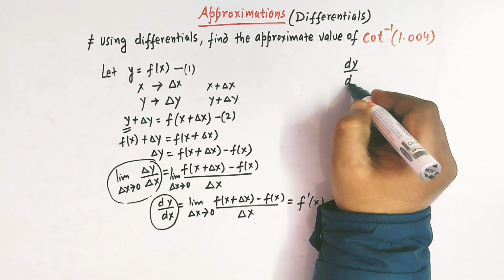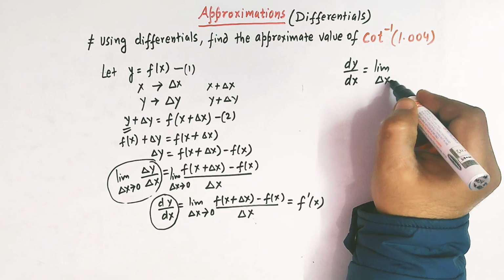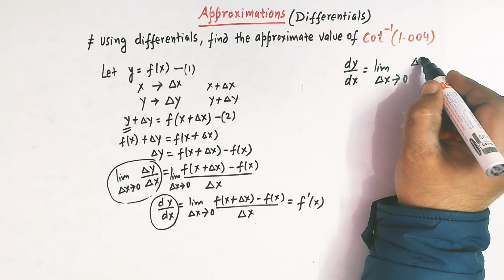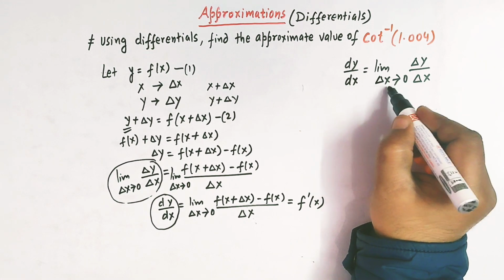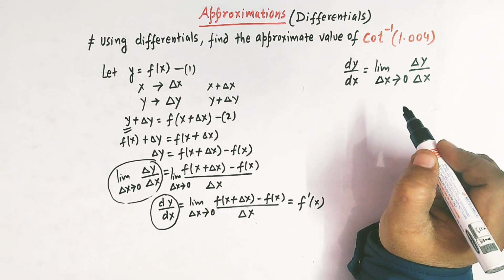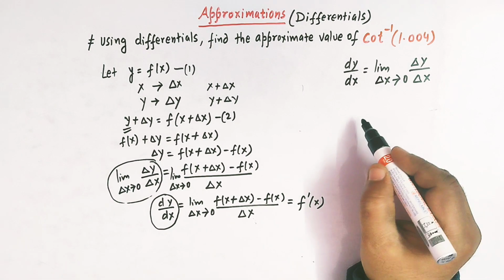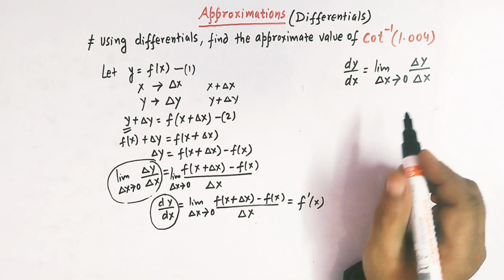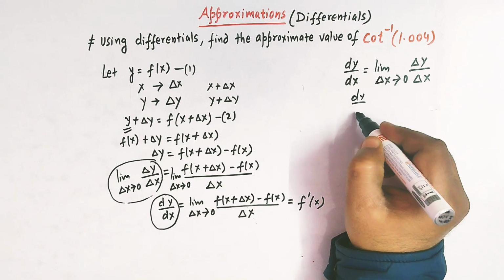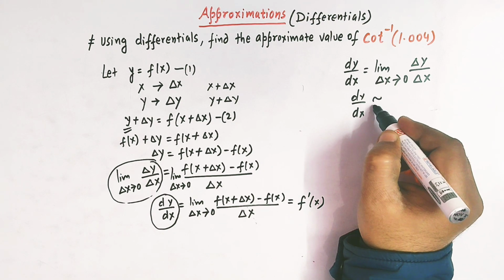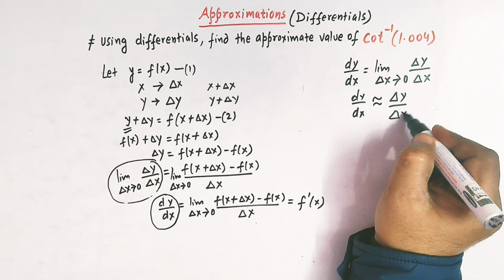That is, dy over dx is equal to the limit as delta x tends to 0 of delta y over delta x, right? Now since delta x is a very small quantity, and similarly delta y is also a very small quantity, we can now take dy over dx as approximately equal to delta y over delta x.